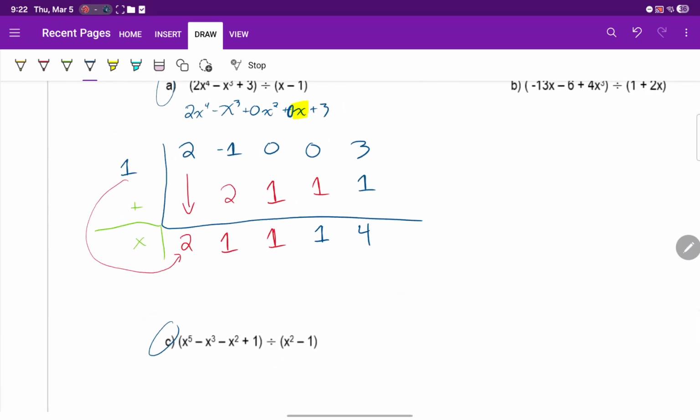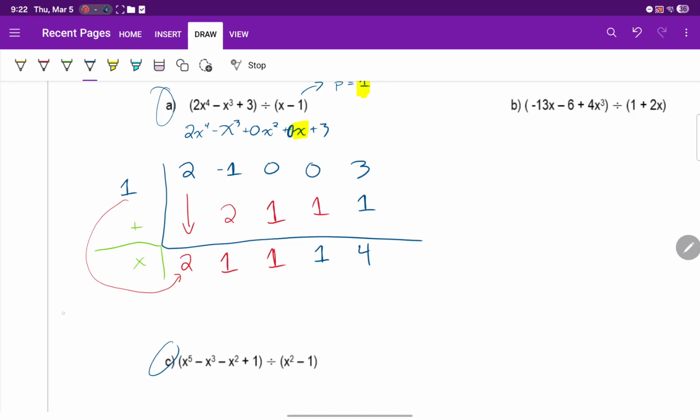Okay, my division statement looks like this. 2x to the power of 4 minus x cubed plus 3 is equal to, what was my divisor? It was x minus 1. And now I drop the power of each of these. So this was x4, x3, x2, x1.